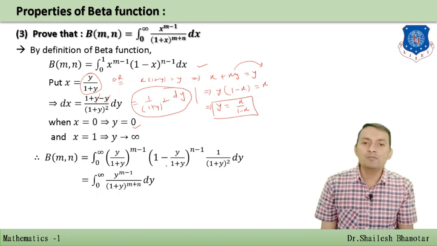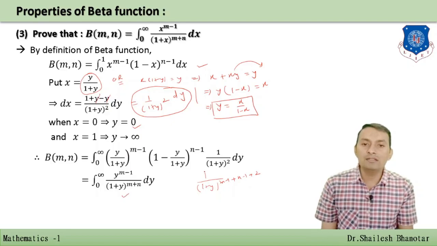When we simplify, 1 plus y minus y will be only 1, so 1 divided by (1 plus y) raised to n minus 1. Also (1 plus y) raised to power 2 is there. So ultimately, as a denominator we will have (1 plus y) raised to n minus 1 plus m minus 1 plus 2. When you simplify, you will get (1 plus y) raised to m plus n.